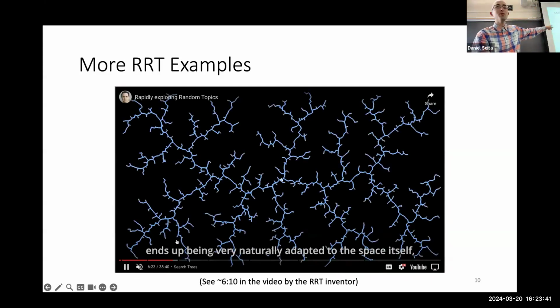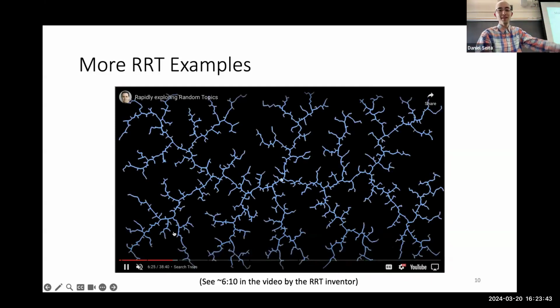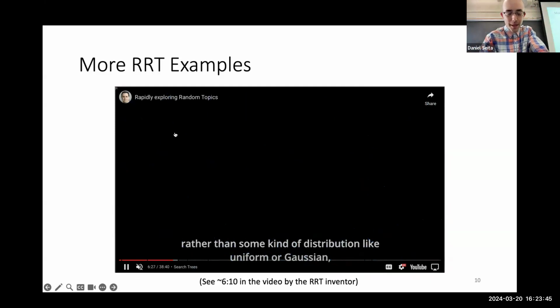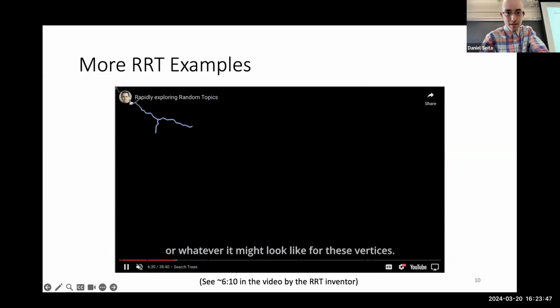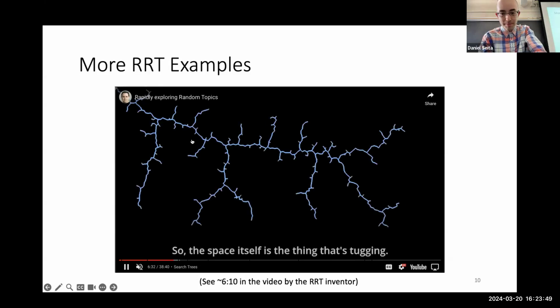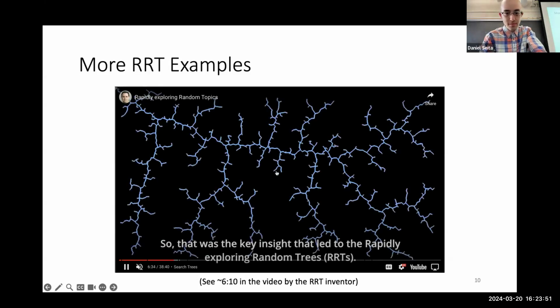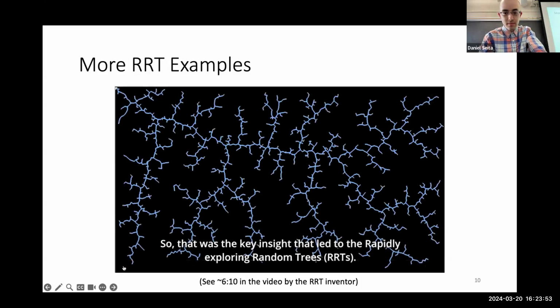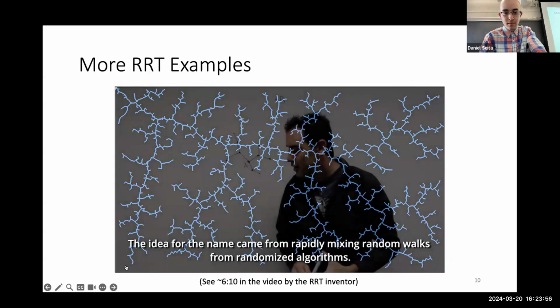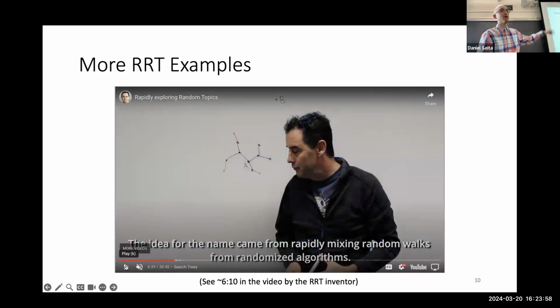This is similar to what you saw earlier, and this is another example. If you want, you can look at this video, and it's a pretty nice retrospective. You can see things like how he came up with the name of this algorithm, and so on.